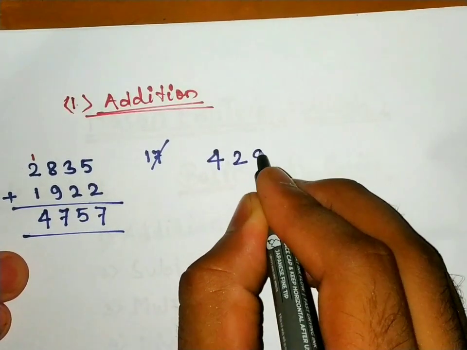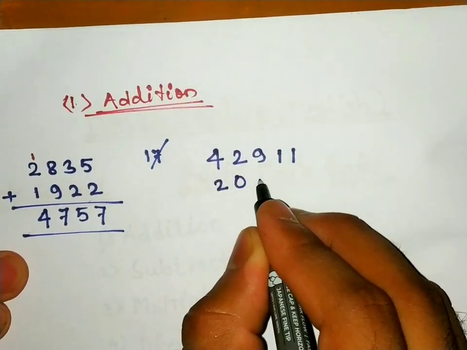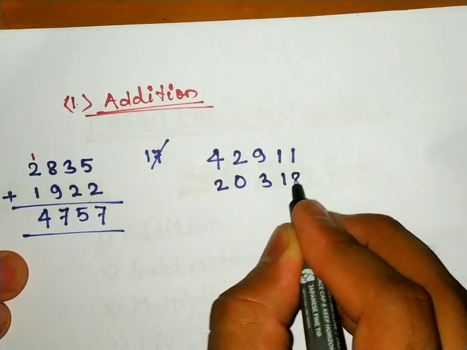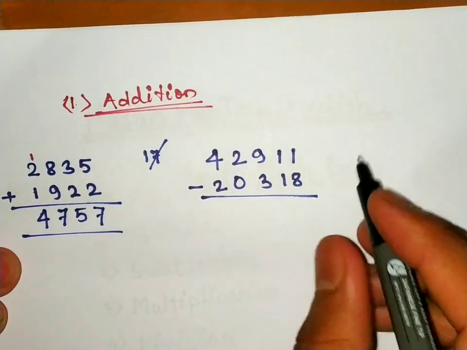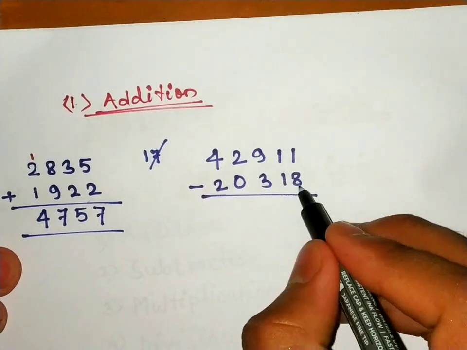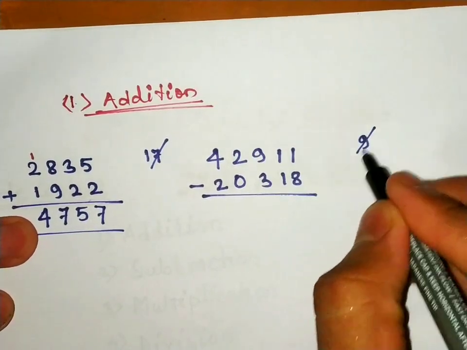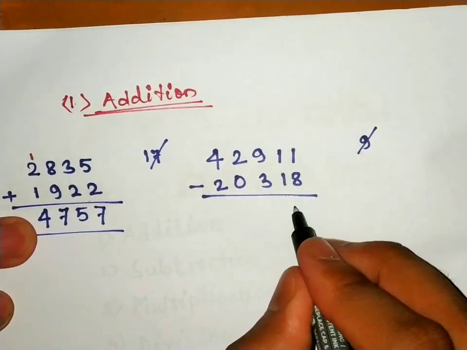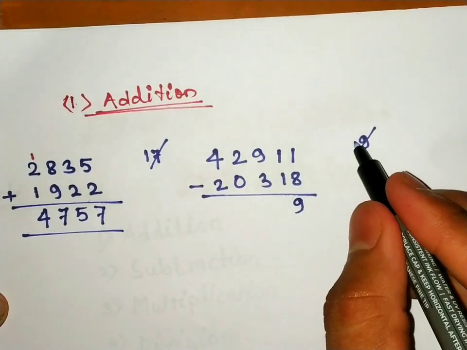Take another example like 4291120 and 3118. Simply add. How will it work? 1 plus 8 is 9, first letter will be put here, and there is no carry.